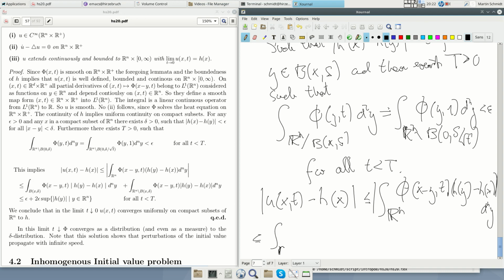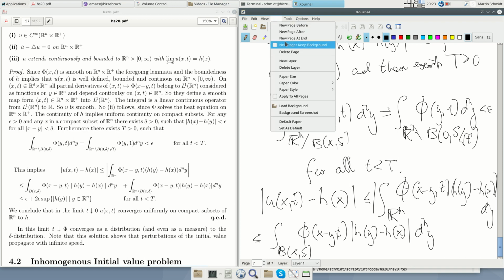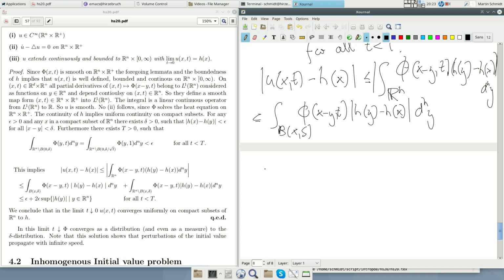taking two different parts. The ball around x with radius delta, phi of x minus y, t, times the absolute value of h of y minus h of x, dy, plus, sorry, now we get the rest.